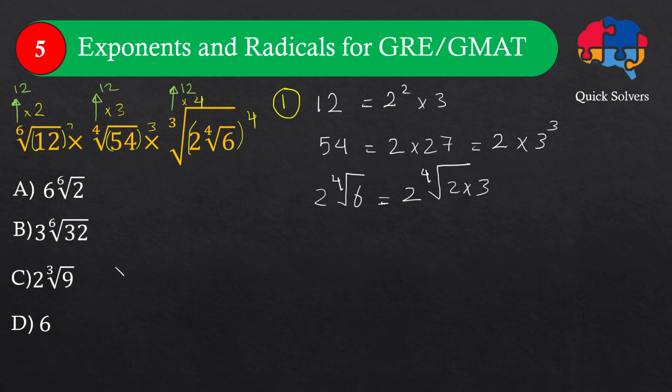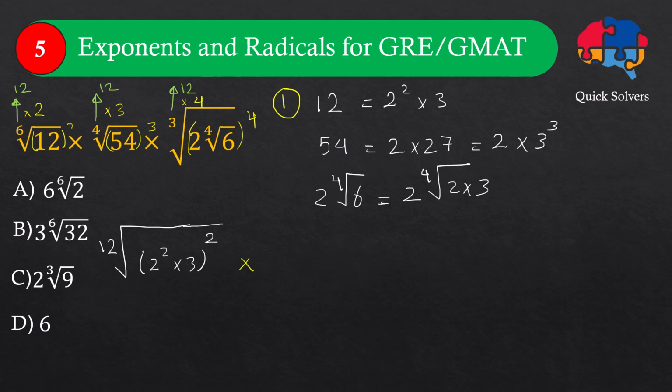We can replace 12 by 2 to the power of 2 times 3. And since the index here is 12, then the power here would be 2. I have to raise the whole term to the power of 2. Okay, so now this is actually equal to this.